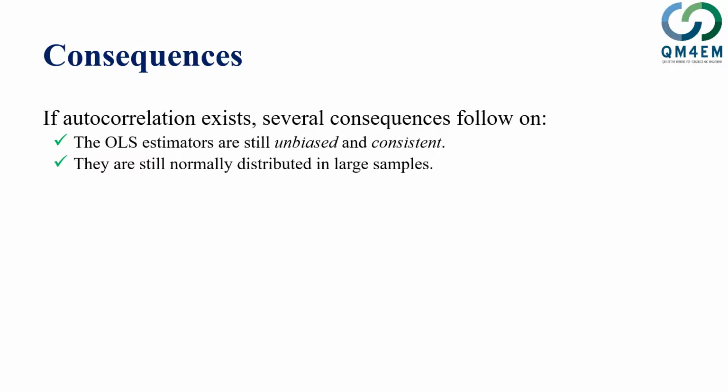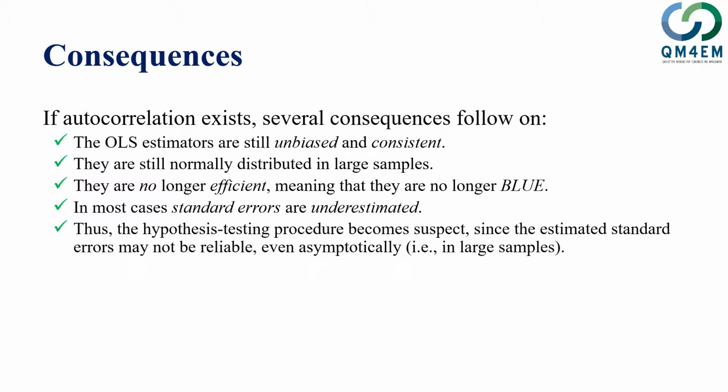Then we moved to the consequences of autocorrelation, and we mentioned a number of issues, but our main concern was that autocorrelation causes the standard errors to be underestimated and the estimators are no longer efficient, so the OLS estimators are no more BLUE. When it's no more BLUE, we can't trust our hypothesis testing mechanism, even if our sample size is very large, so that makes it a very serious issue.